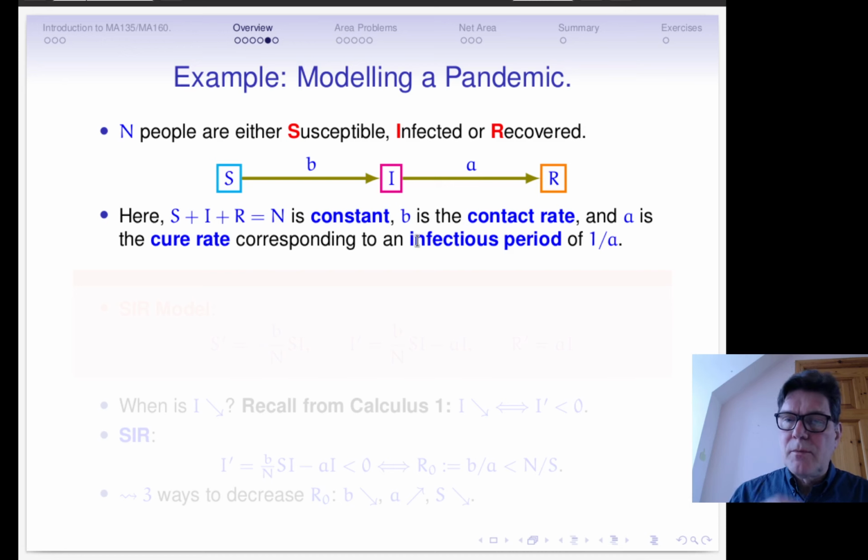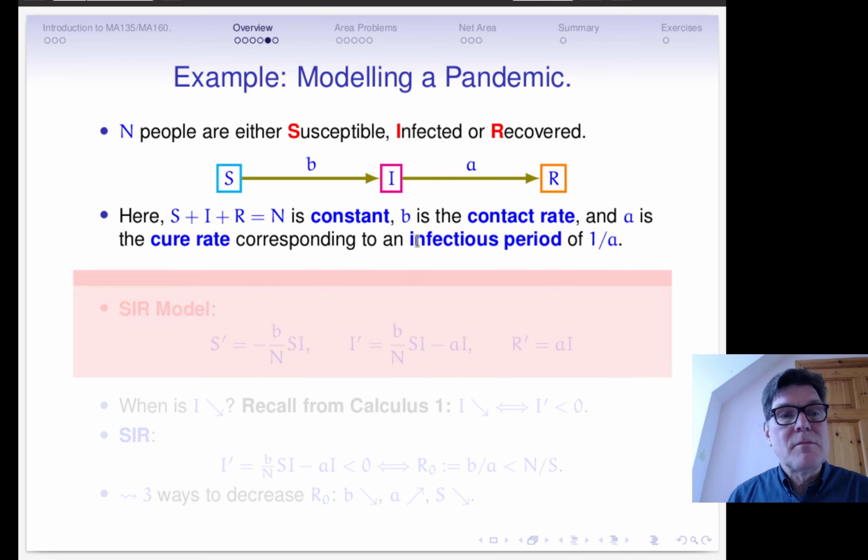Similar to the population growth in the previous example, the relationships between these three groups of people can be described in terms of differential equations relating rates of change to the functions themselves.